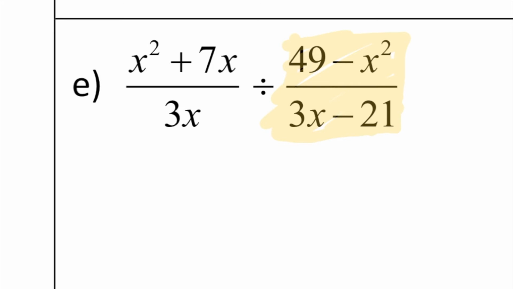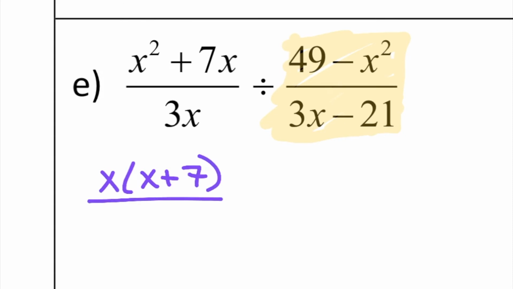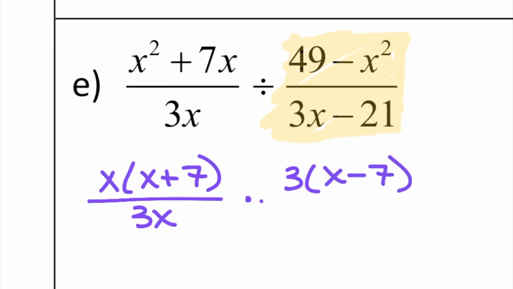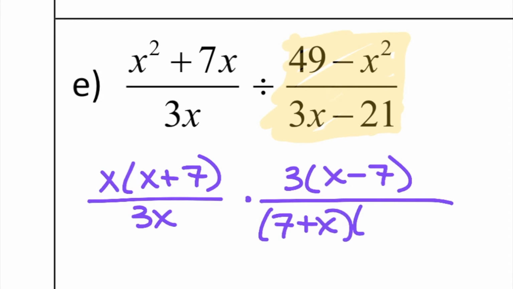So at some point, I want to see that you have written out here x times x plus 7 over 3x times 3 times x minus 7 over 7 plus x times 7 minus x.